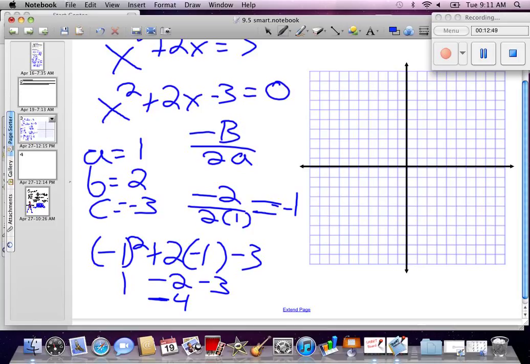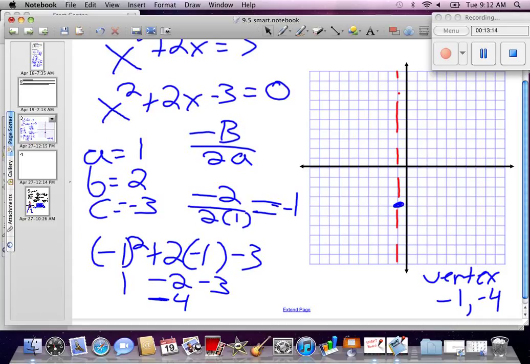So my vertex is -1, -4. So I go -1, 1, 2, 3, 4. That's my vertex, and my red dotted line is my axis of symmetry. If I fold my parabola in half, it'll be the same on either side.